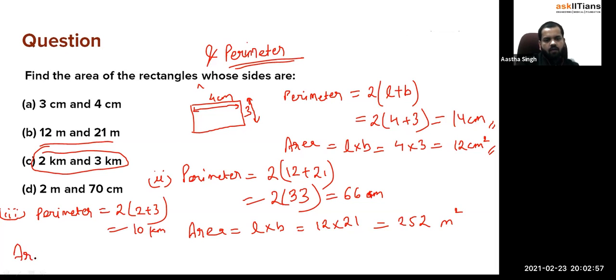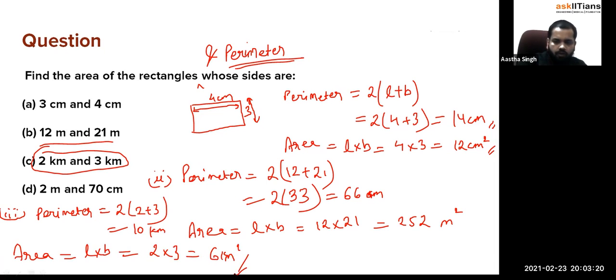In case of area, L into B. You can assume any length, like 3 kilometer can be L, also 2 kilometer can be L. So 2 into 3 is equal to 6 kilometer square.